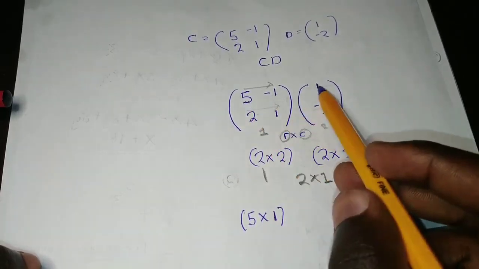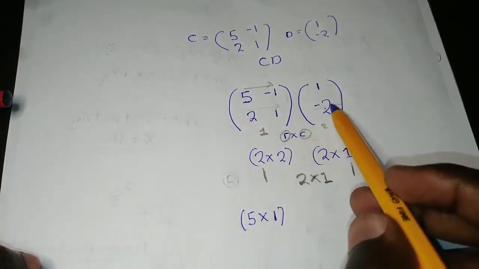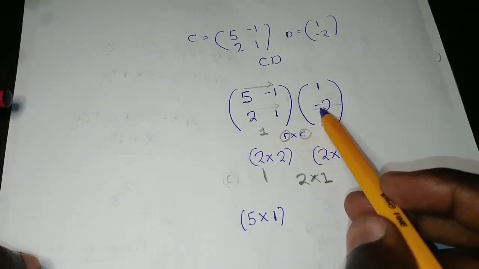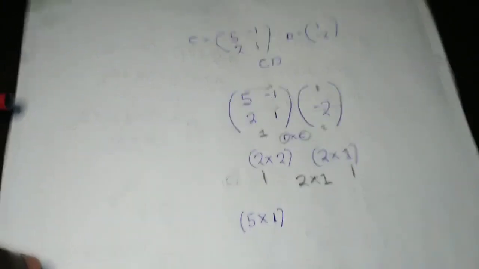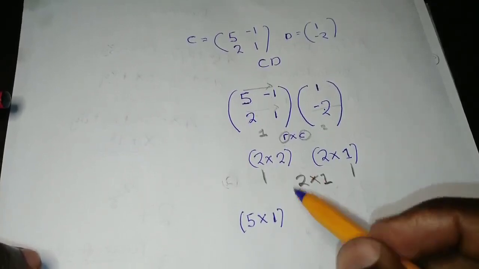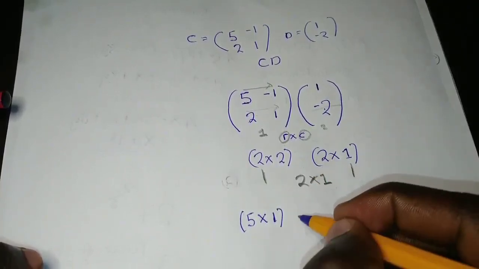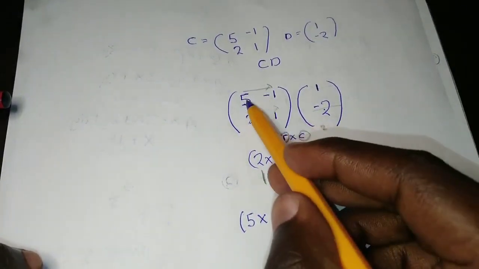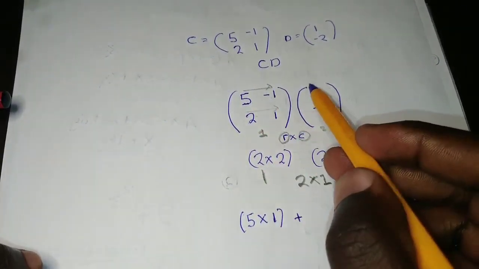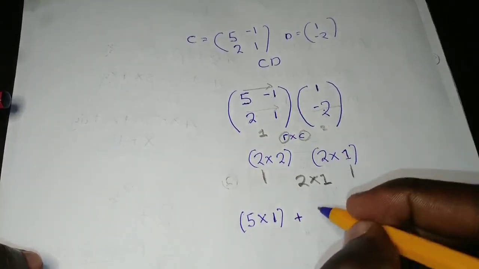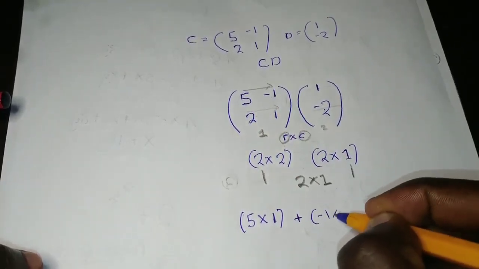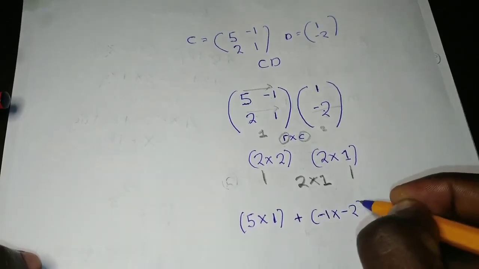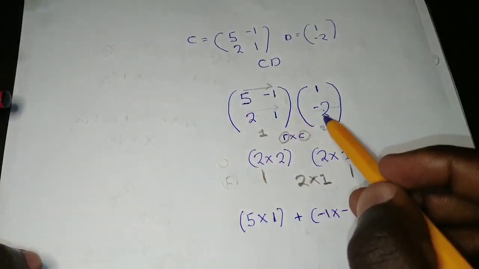When you want to go to the other side, you simply put a plus. So 5 by this plus this and that, negative 1 by negative 2. Then you are done with this row and this column, and then you go down.